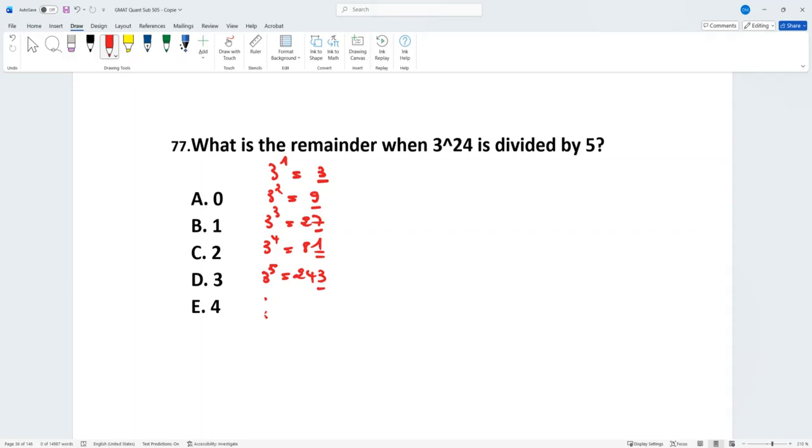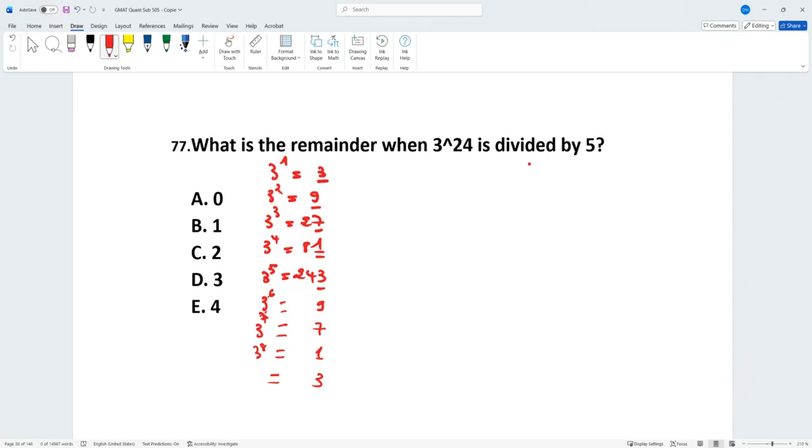And if you continue the pattern, you will find that 3 to the power 6 is going to have a unit digit of 9. 3 to the power 7 is going to have a unit digit of 7. To the power 8, it's going to be a unit digit of 1. And then it will go back to 3 again. So that's the pattern.